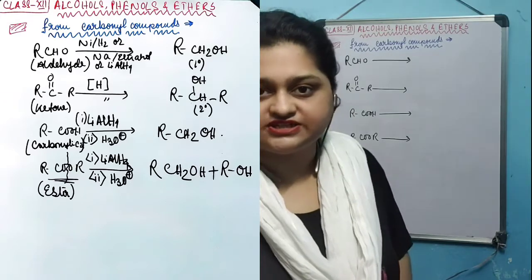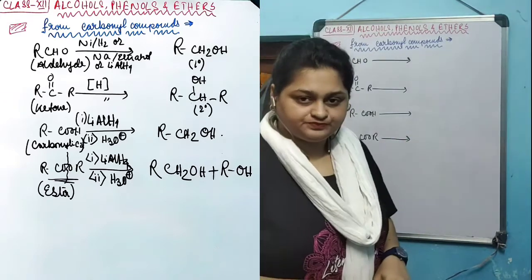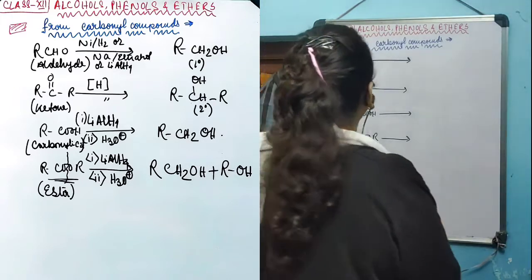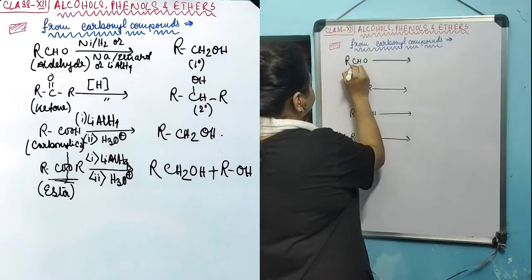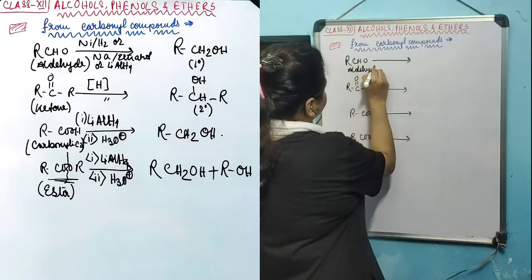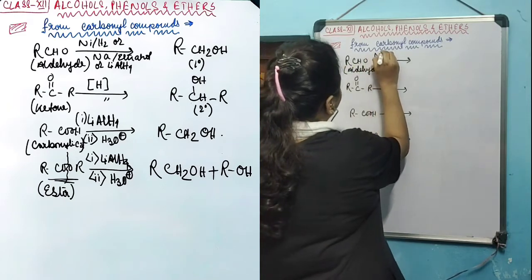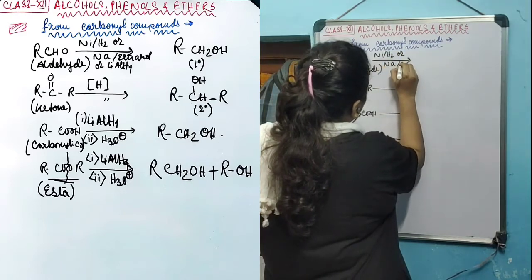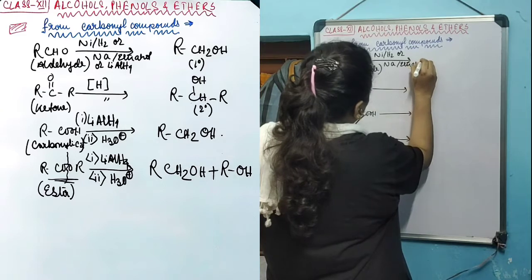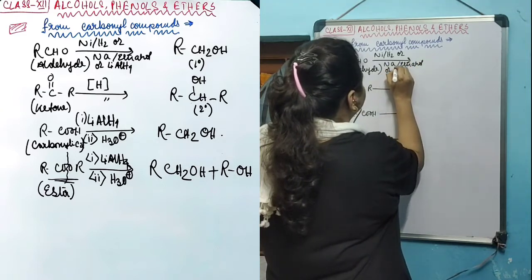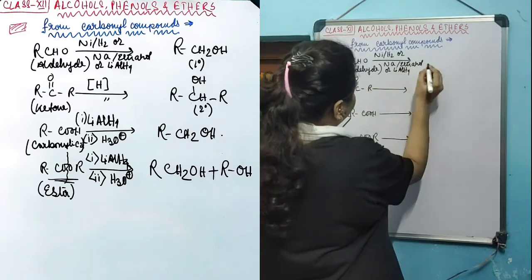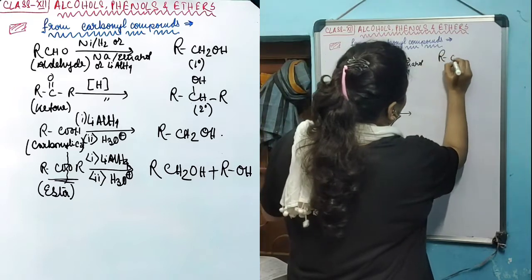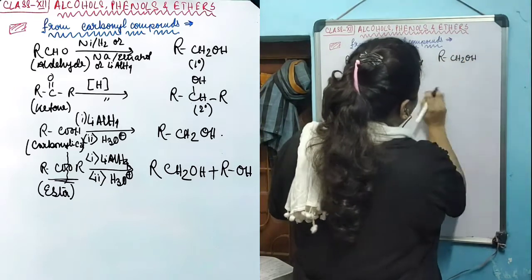So a reducing agent is needed for this reaction, and for each reaction the reducing agent required, like for this aldehyde, can be nickel H2, or sodium ethanol, or lithium aluminium hydride and so on. Those kinds of reducing agents can be used, and then CH2OH will be formed.